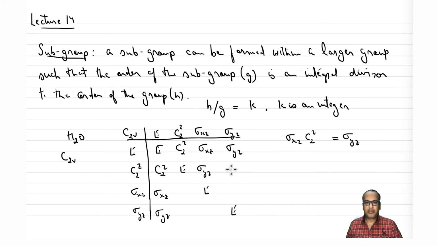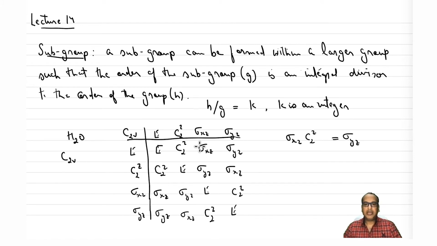And now for the fourth element here, the only option is sigma xz, right? It is like solving Sudoku puzzles. So again, we have E, C2z, sigma xz, so the only option we have is sigma yz, and now sigma xz, right? Here we have E, sigma xz, sigma yz, so we are left with C2z, and we are left with C2z here. Okay, so that is a quick way to write a group multiplication table.